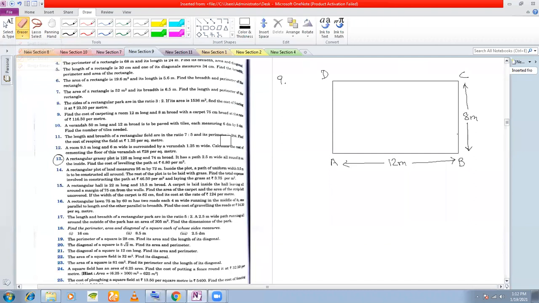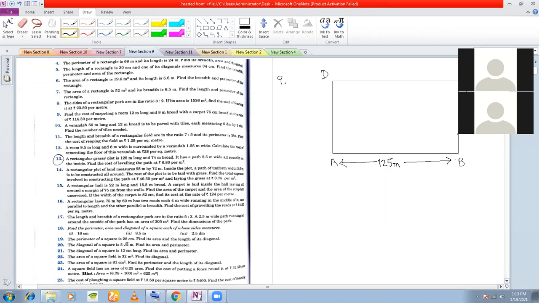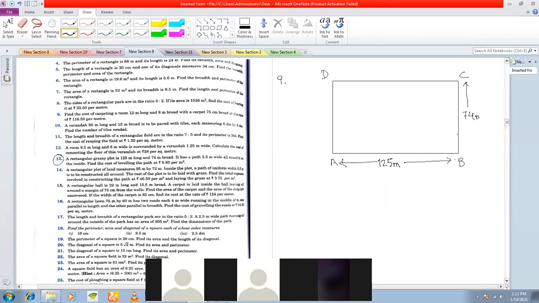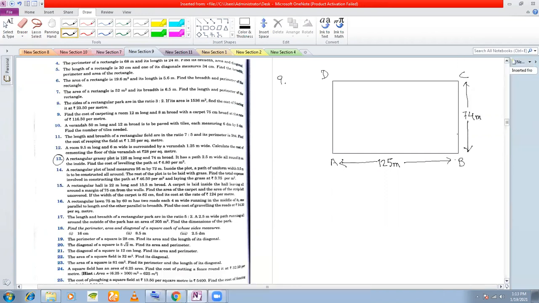Now the next question. A rectangular grassy plot 125 meters long and 74 meters broad.